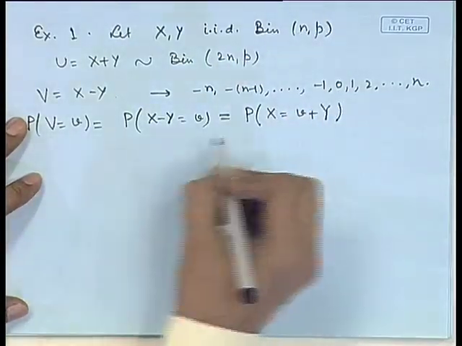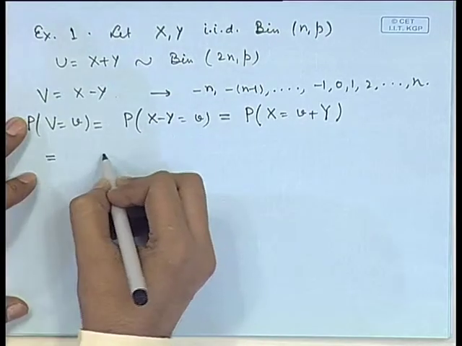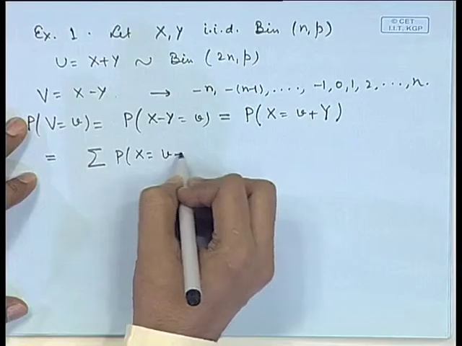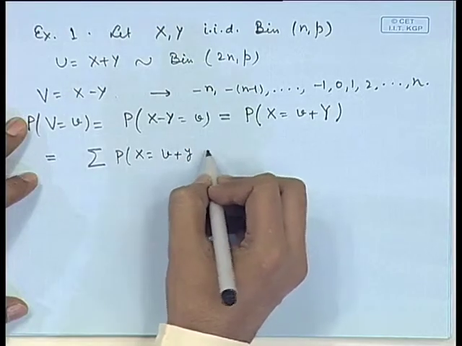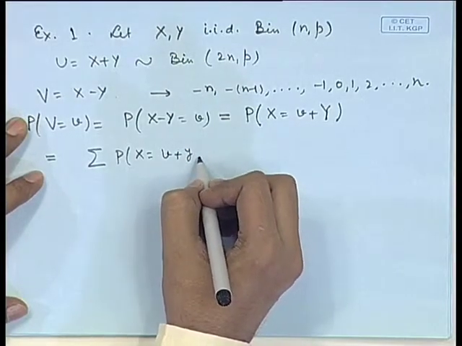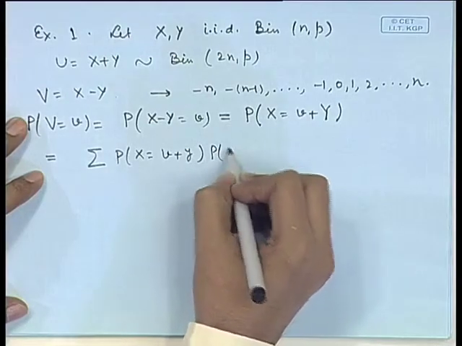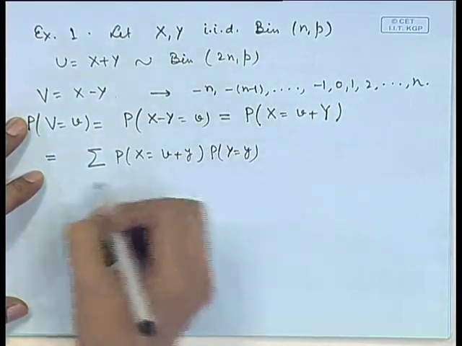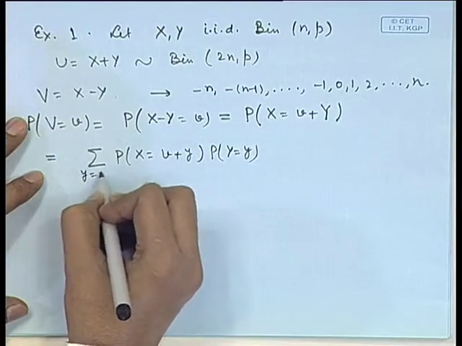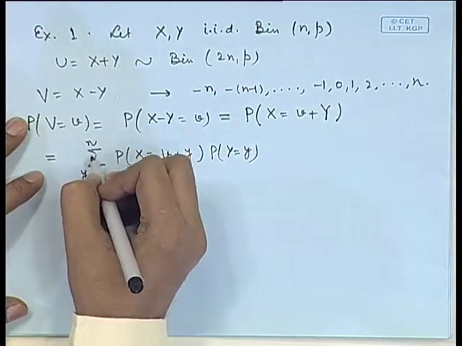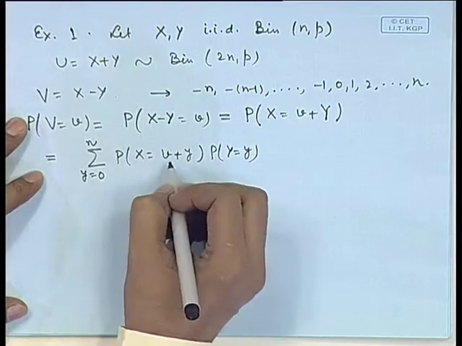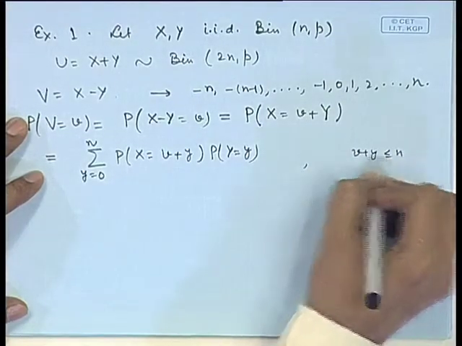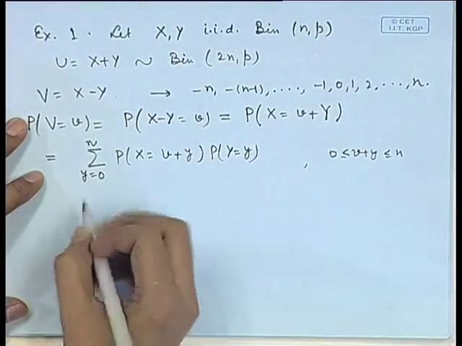So, we can use the theorem of total probability here and write it as probability X = v + y into probability of Y = y. This is because of independence I can split, for y = 0 to n. Now, this is subject to the condition that v + y is also lying between 0 and n.